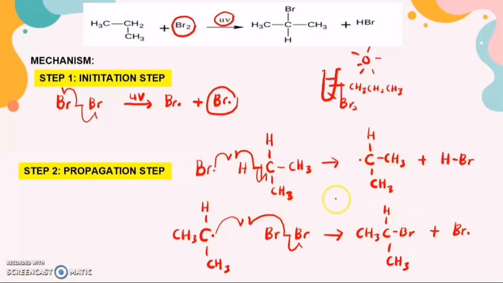It means that the first and second steps of the propagation step will continuously happen until all the molecules become free radicals, until there is no more neutral compound in the test tube. So the propagation step will end.